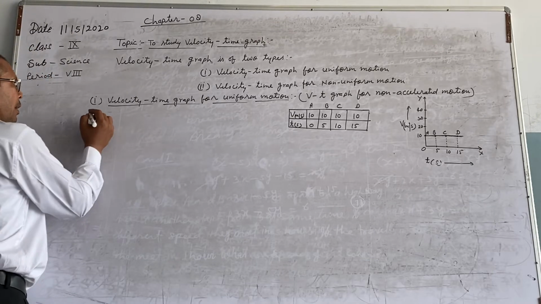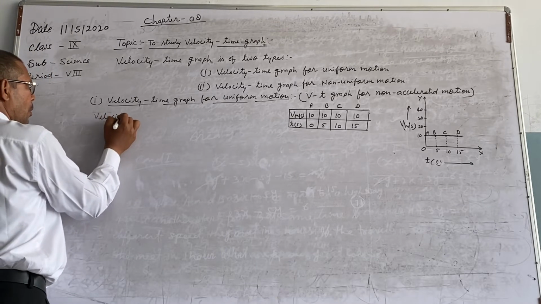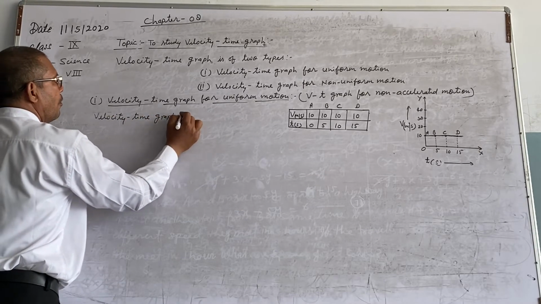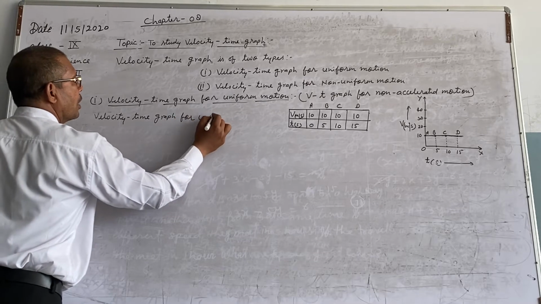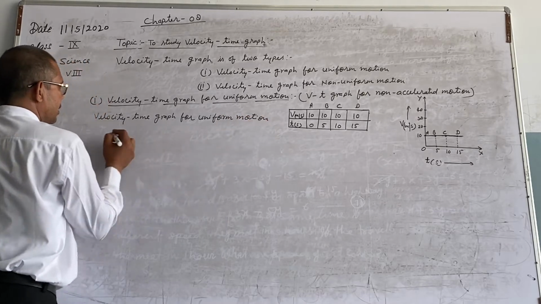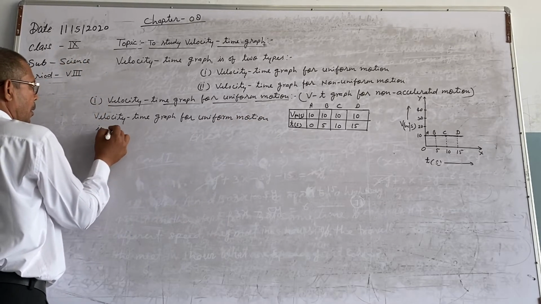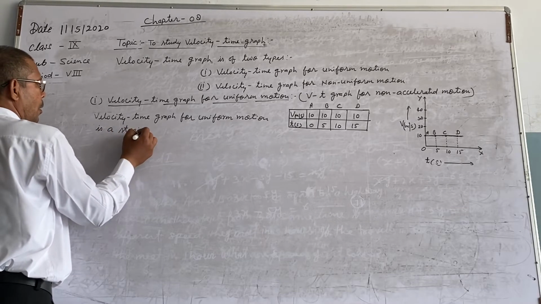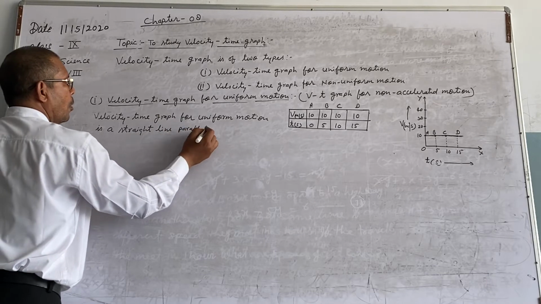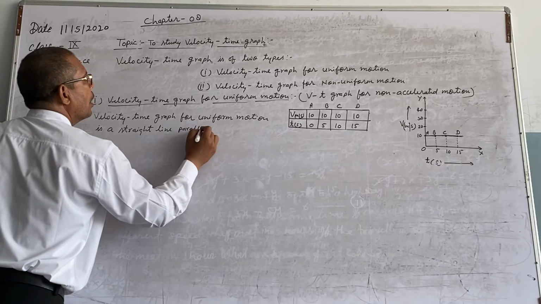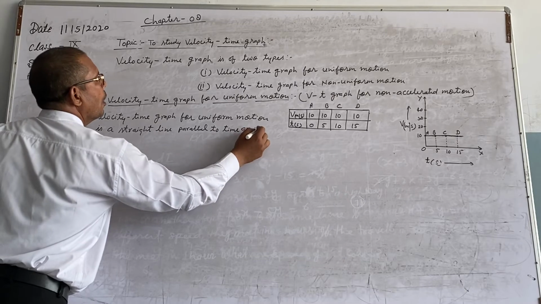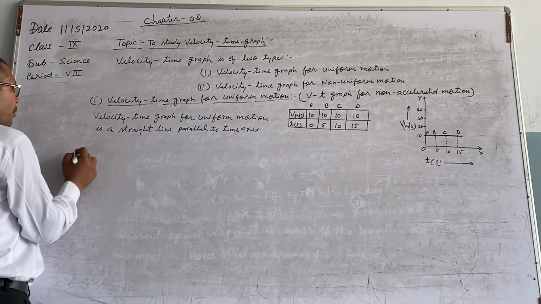So velocity time graph for uniform motion is a straight line parallel to time axis, right?